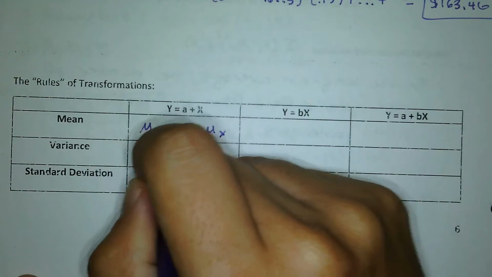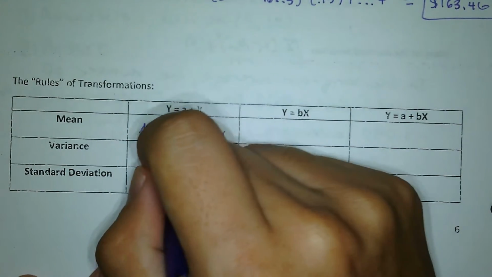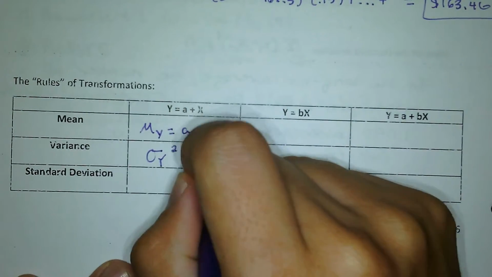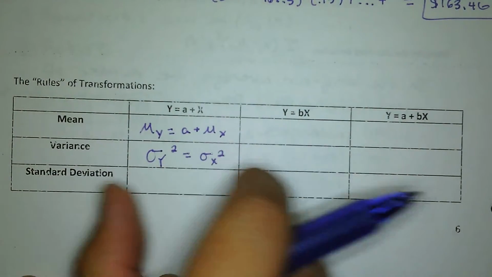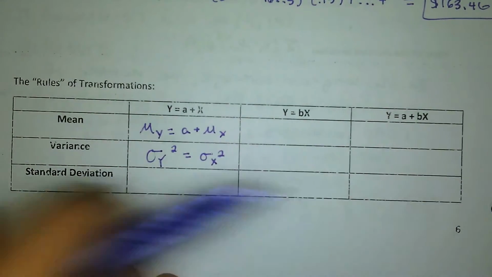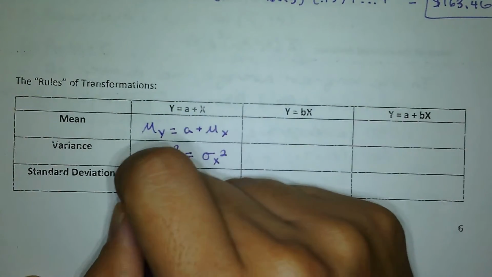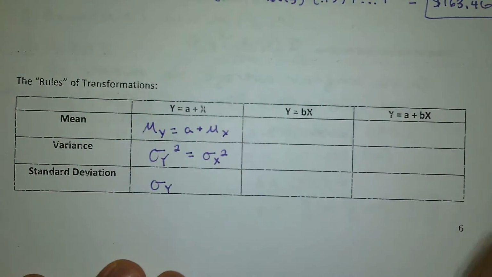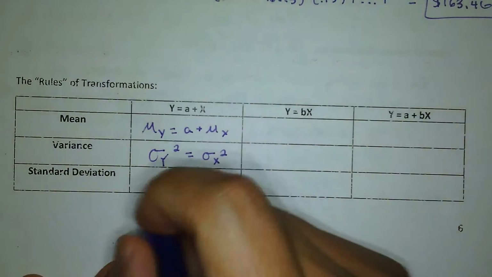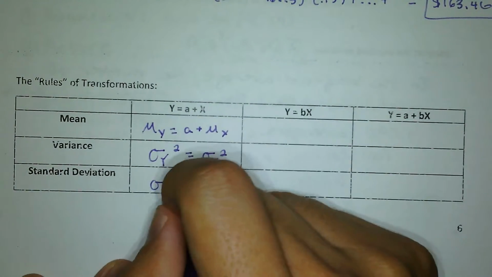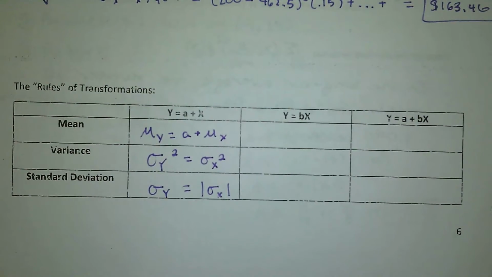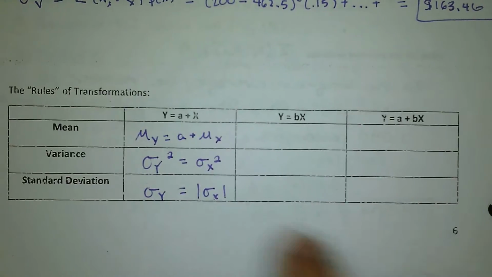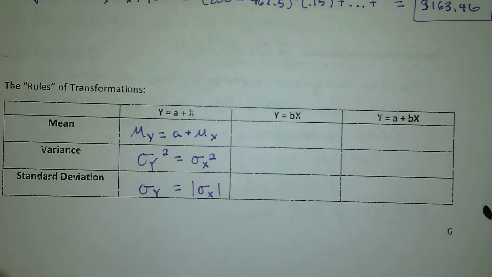Kind of like SpongeBob when they're like, what if we take Bikini Bottom and push it over there? Well, that's all we're doing here with our spread. We're just moving the actual distribution, either to the right or to the left, so it's not going to change our spread here. And so if I want the standard deviation of y, I'm going to take the absolute value here of the standard deviation of x. Okay, so that's what happens with addition or subtraction.